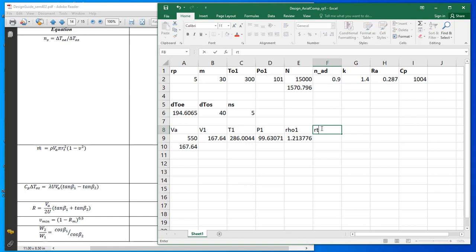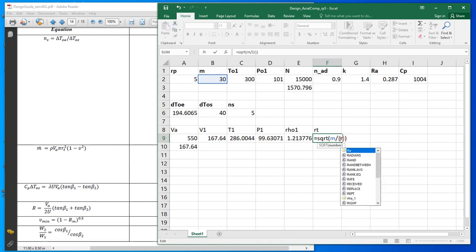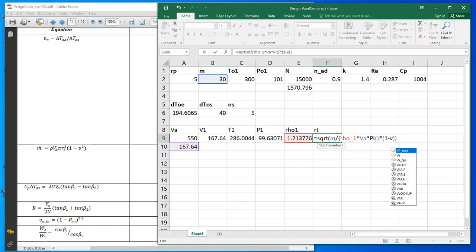Now we can calculate our R tip. So the R tip is equal to square root of mass flow rate divided by density rho 1 into V axial into pi into 1 minus nu square.